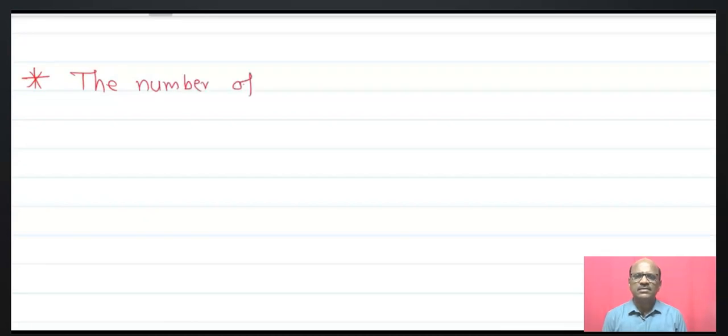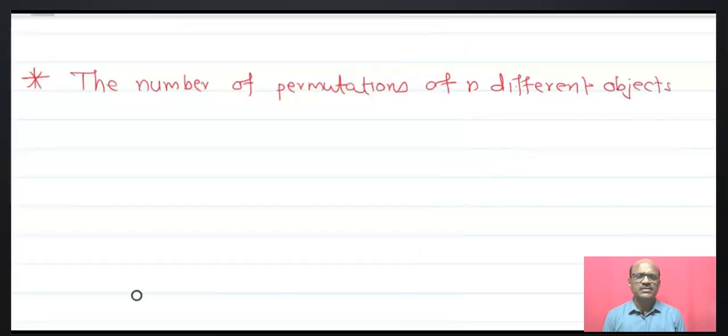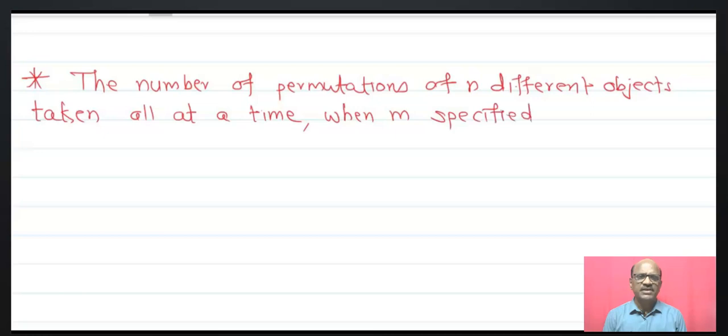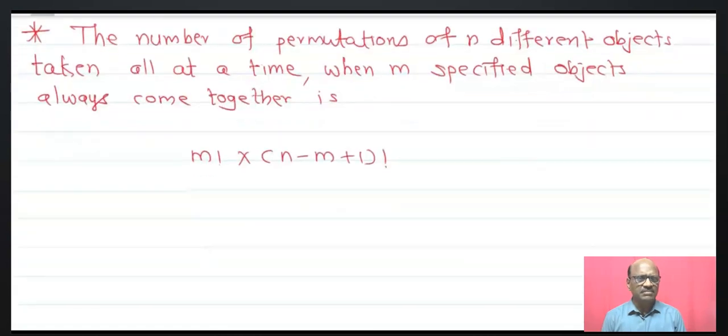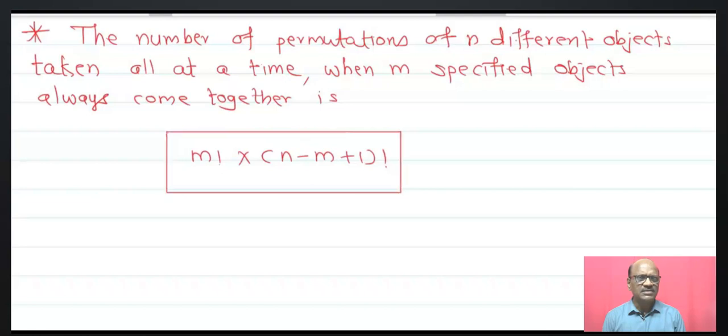Next. The number of permutations of n different objects taken all at a time when m specified objects always come together is m factorial into n minus m plus 1 factorial.